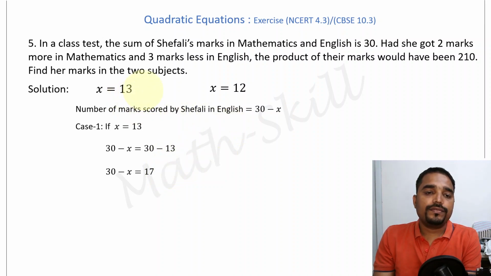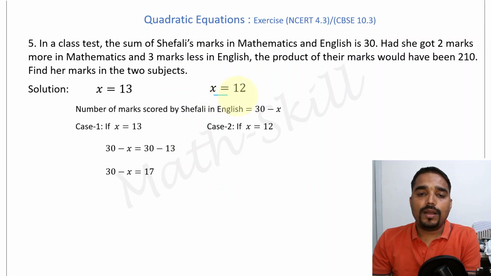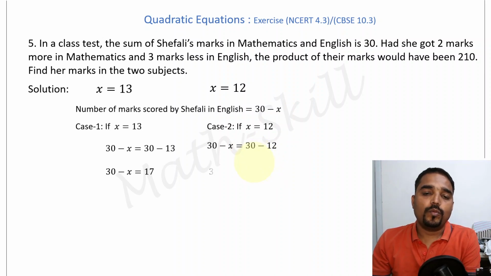That is, if Shefali has scored 13 marks in mathematics, she would have scored 17 marks in English. Or case 2 is, if she has scored 12 marks in mathematics, then the number of marks scored in English is 30 minus 12, which is equal to 18.